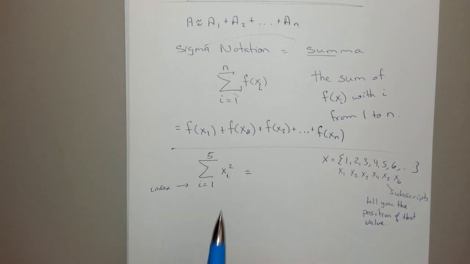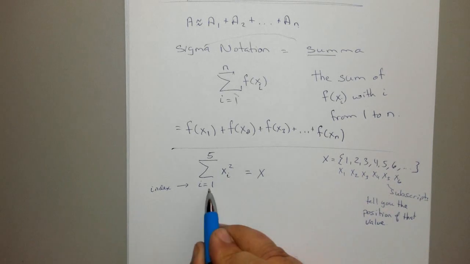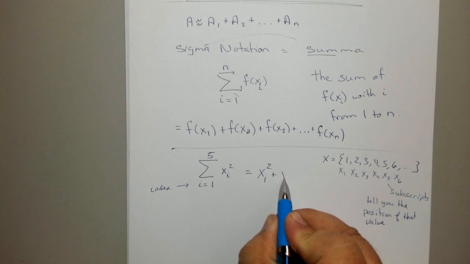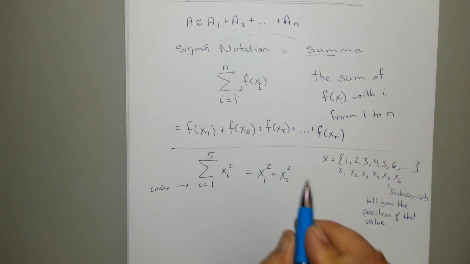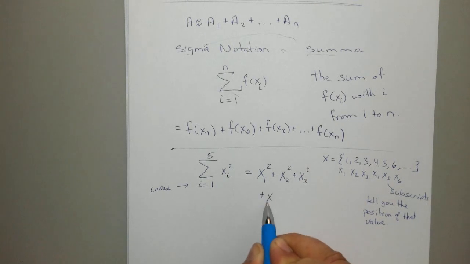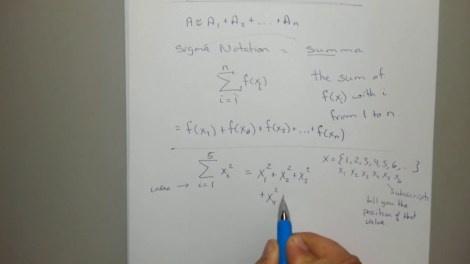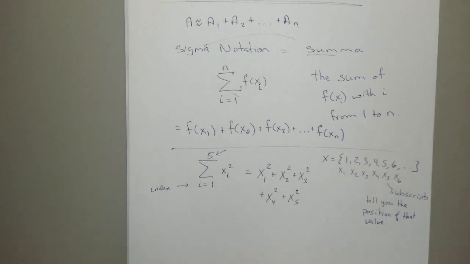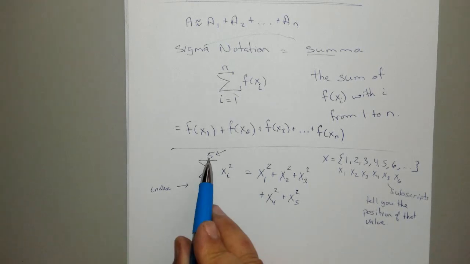So what this says is this. I start off at 1, I square it. Then I go to the next one, I square it. Then I go to the next one, I square it. Then I go to the next one, and I stop at x sub 5. Why? Because that's where it told me to stop. I'm only going from 1 to 5.